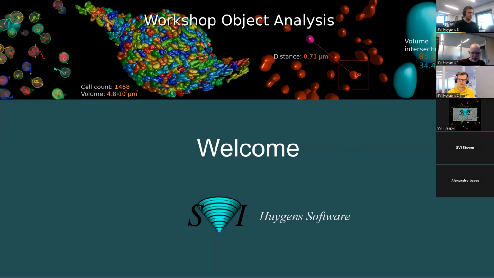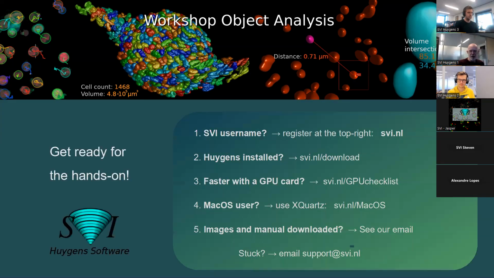So let's just start. First, I want to go through a few general things. It's probably too late for that, but if you are still interested, register on our website and get an SVI username at svi.nl. And if you do, you can download our software from svi.nl.